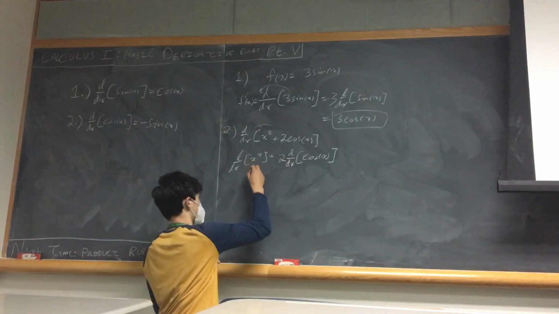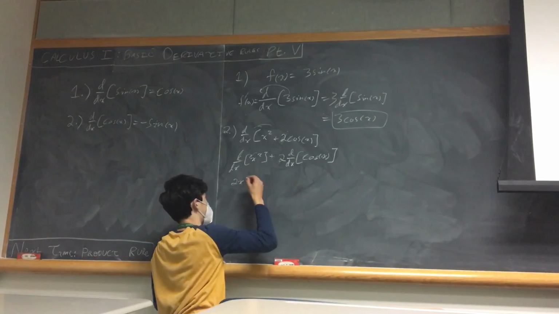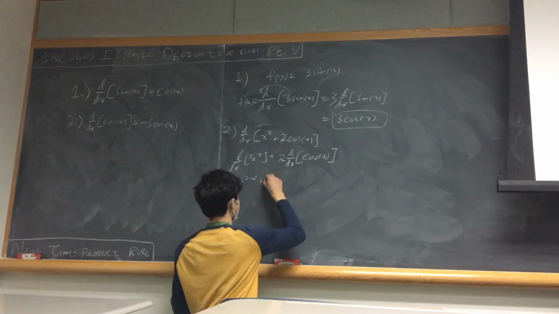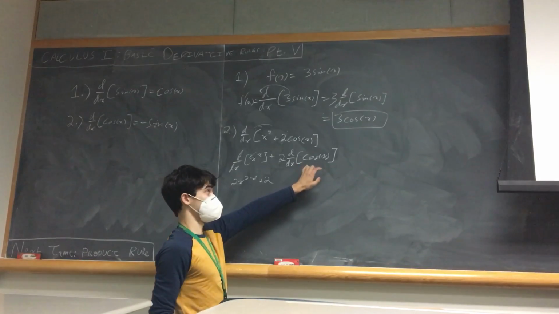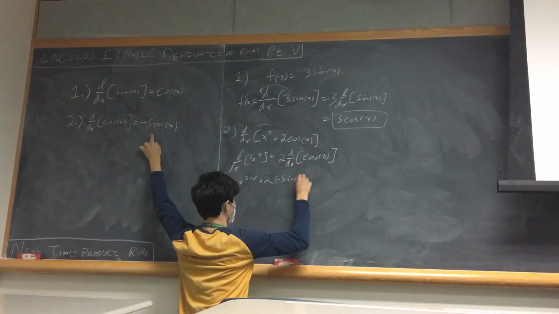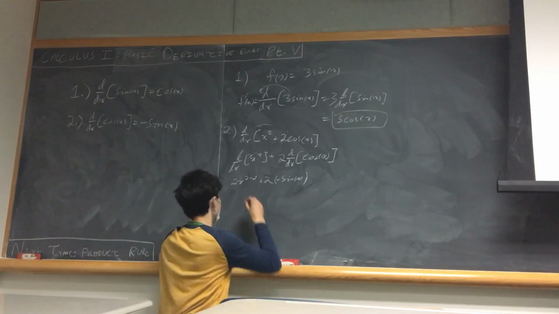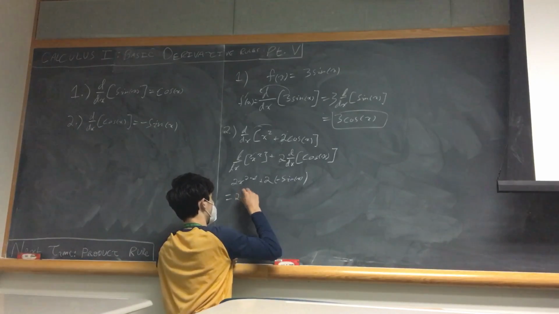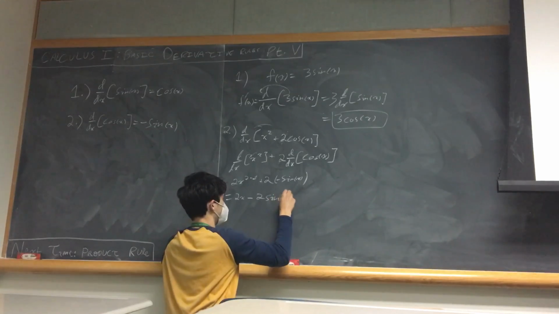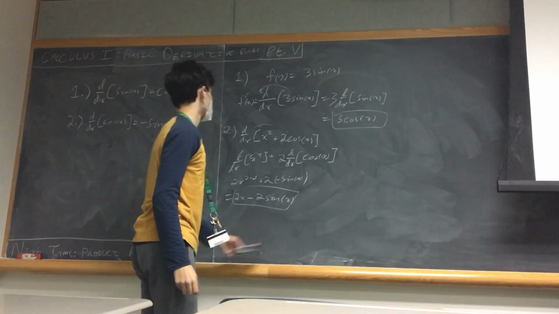We know the derivative of x squared from the power rule, multiply the power by the coefficient, we get 2x, and then subtract 1 from the exponent, 2 minus 1, plus 2, and we know the derivative of cosine of x is equal to negative sine of x. Make sure you remember that negative there. That is important. So we end up with this is equal to 2x minus 2 sine of x.